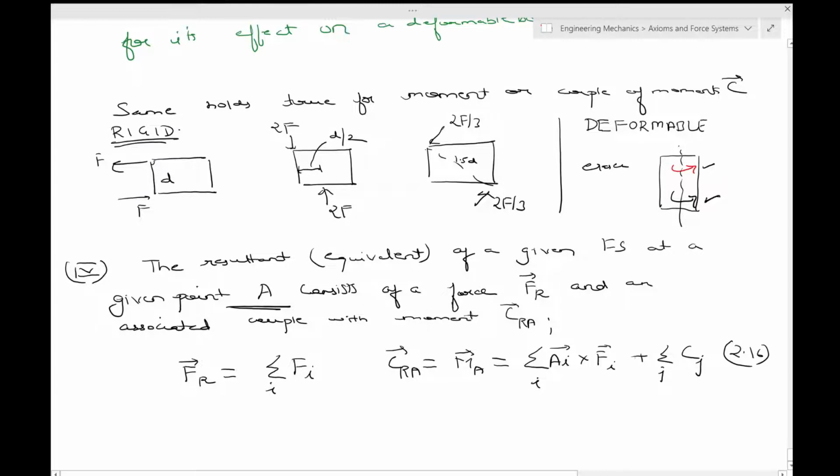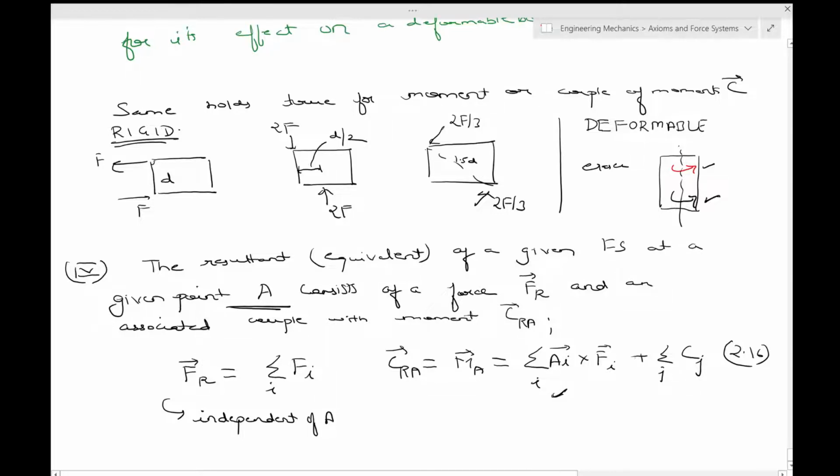The reason is that this is independent of A. It's only when you calculate these moments that you require this point A, so it will depend on A, and you can see that it clearly depends on this vector AI.